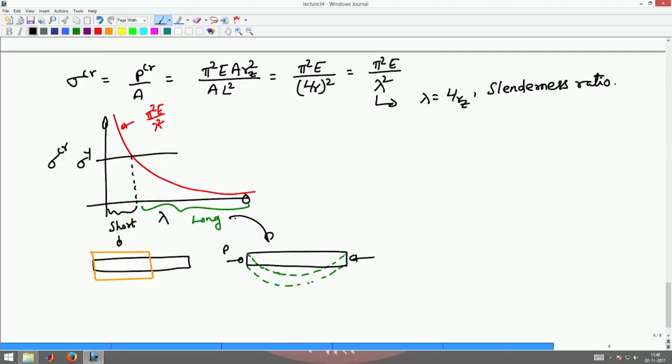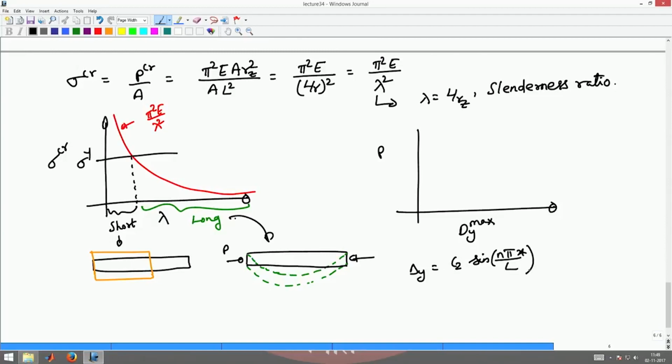Okay. Now, in all this, if I were to look at the load versus delta y max, okay, what will this curve look like? We found that delta y is given by C2 sin n pi x by L. Okay.